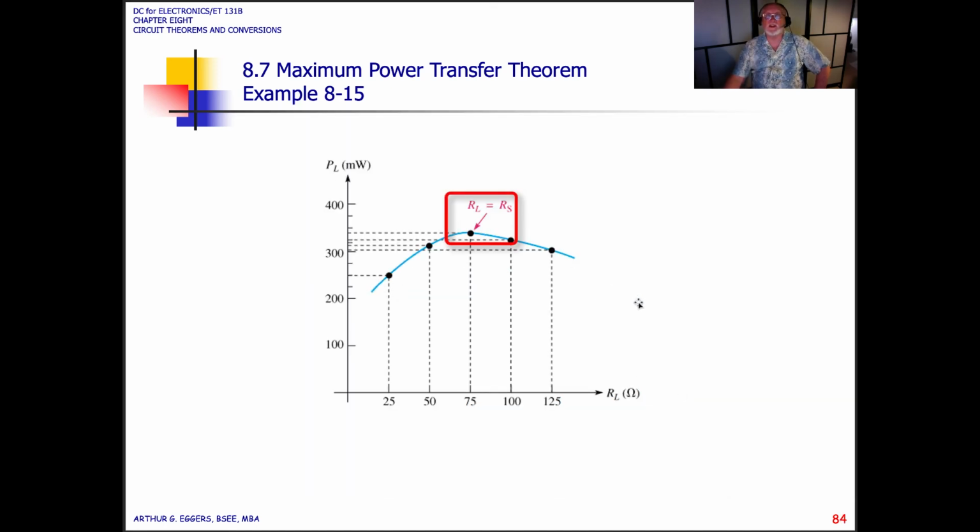So this is what maximum power transfer shows us. It shows us the point where the internal resistance matches that of the load. When we do that, we get the maximum amount of energy out into our load. Again, if it's a speaker, then you're going to have the maximum amount of energy delivered to the speaker without distortion.